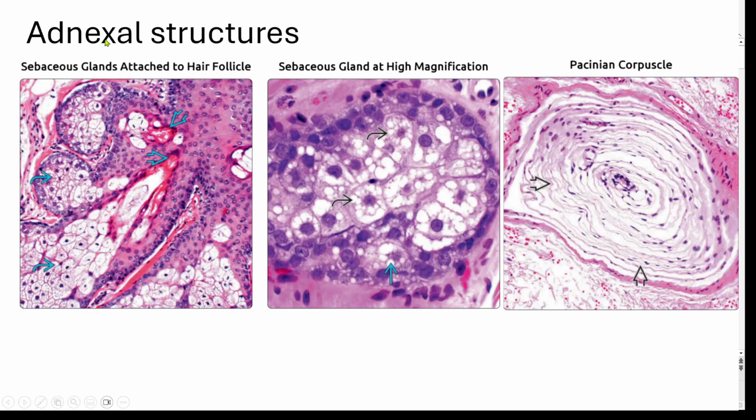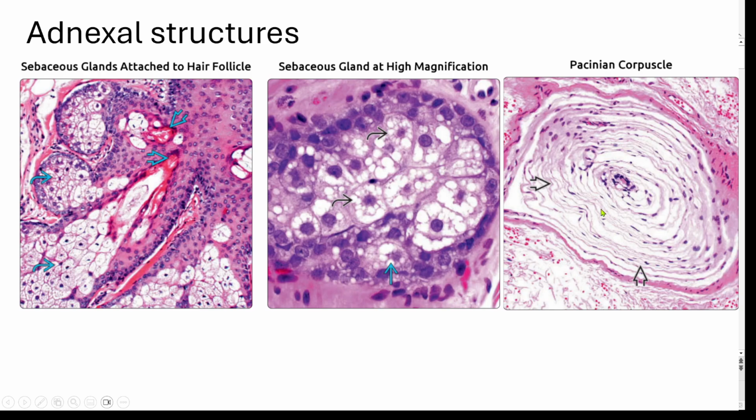Then we have the adnexal structures. Again, this shows them much better, connecting to the epidermis. So these are the sebaceous glands. They have very pale vacuoles inside them, very pale vesicles inside them. And we have a hair structure in here next to the sebaceous glands, so multiple hairs in here. Of course, this is going to go out on the follicular ostia into the epidermal outer layer.